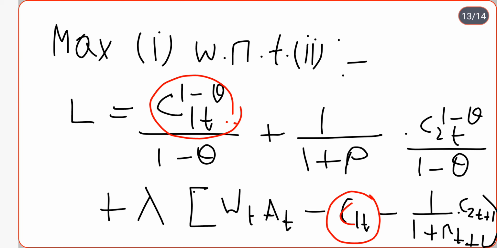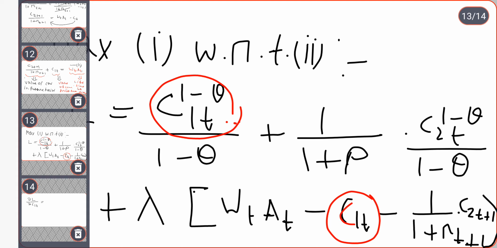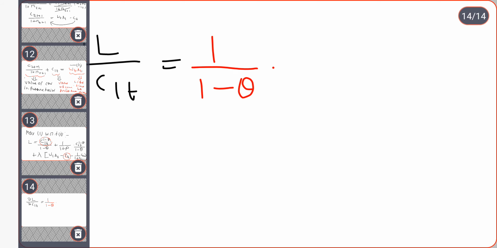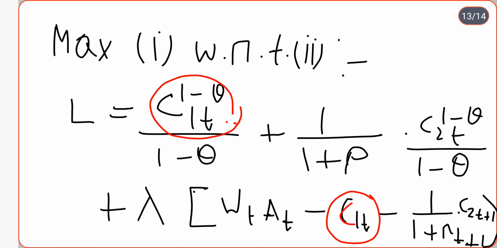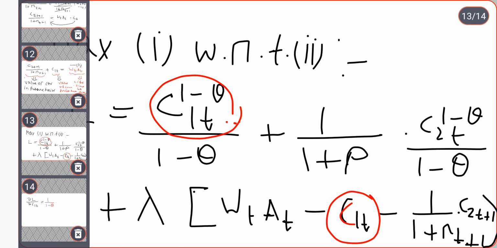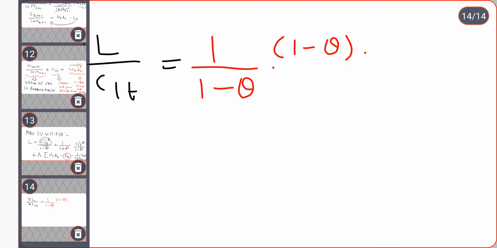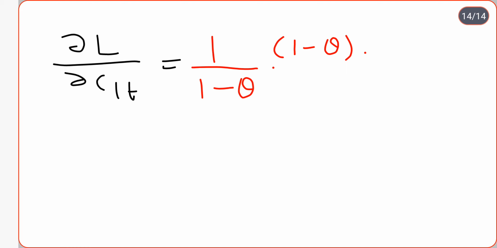So this portion, when we try to differentiate it, at first we have to take the 1 by 1 minus theta out of the differentiation because it is the constant term. Then we have to differentiate this C1T to the power 1 minus theta. So obviously the power will come out as 1 minus theta, and then we may write C1T, and 1 minus theta will be subtracted with 1.